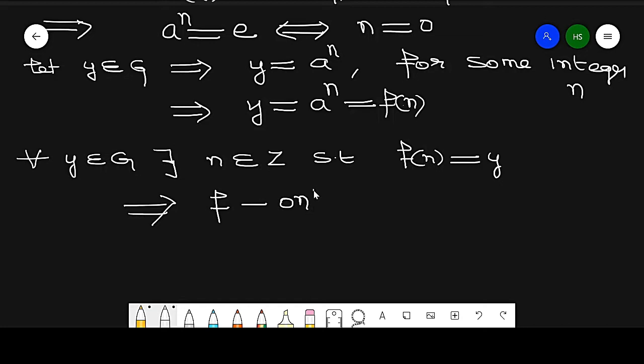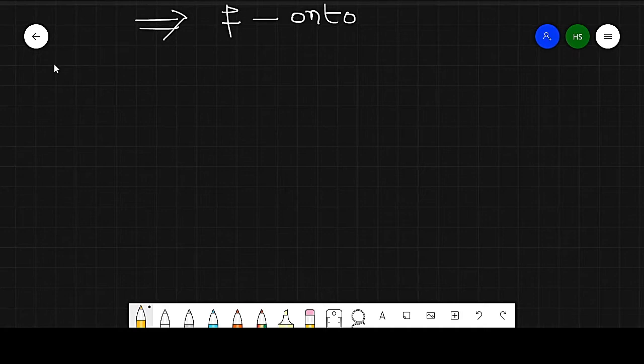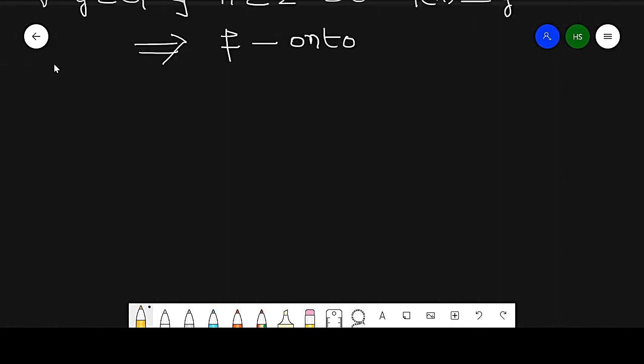Now next is one-one. To prove it is one-one, we have two ways. One, the kernel of f consists only of the identity element, and second, f of x equal to f of y implies x equal to y. Now what is the kernel of f?